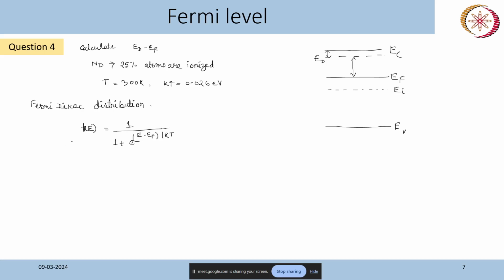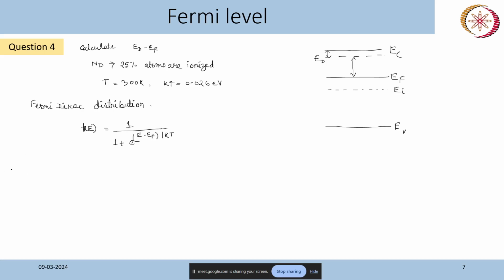The Fermi-Dirac distribution gives the probability of occupation of an electron at energy level E. We can solve this question by two methods. First I will show you one, and then we will verify with the second process also.